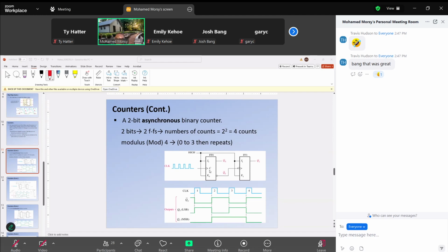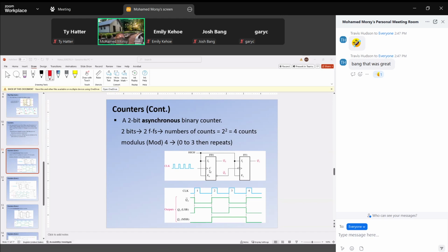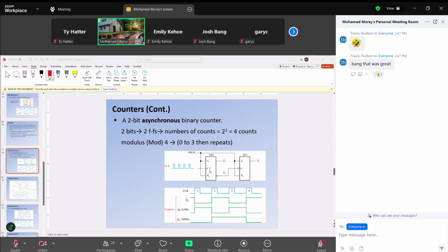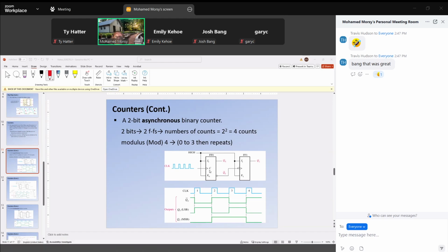Is it positive edge or negative edge triggered? This is very important because the changes happen at this edge. If it is positive, it happens at the positive edge. If it is negative edge triggered, the changes happen at the negative edge. This is the first thing we need to determine.